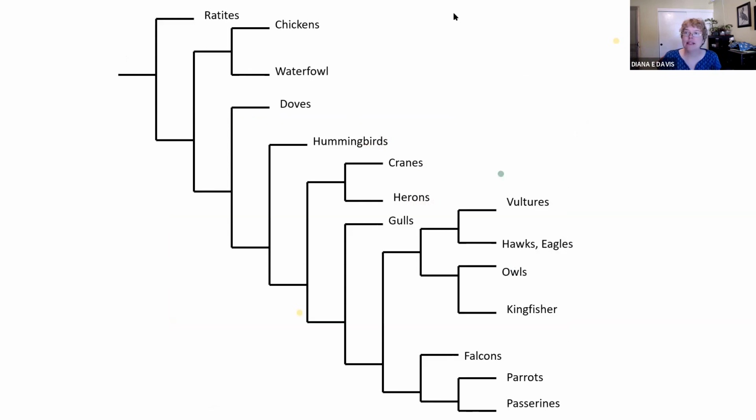All right. So this is the bird family tree. The way these work is over here on the right side, we have a bunch of different groups of birds. Birds are organized based on both physical characteristics that are distinct to that group, as well as genetic similarity.